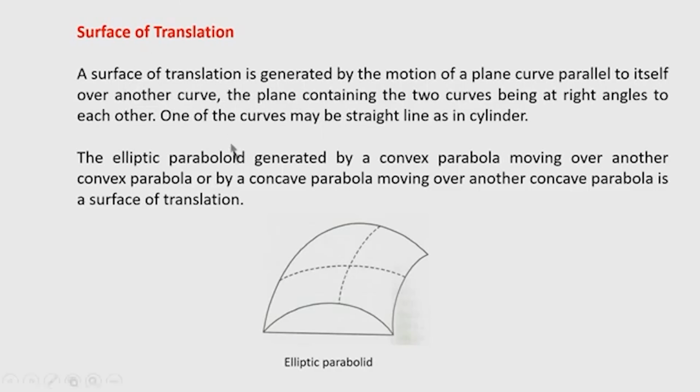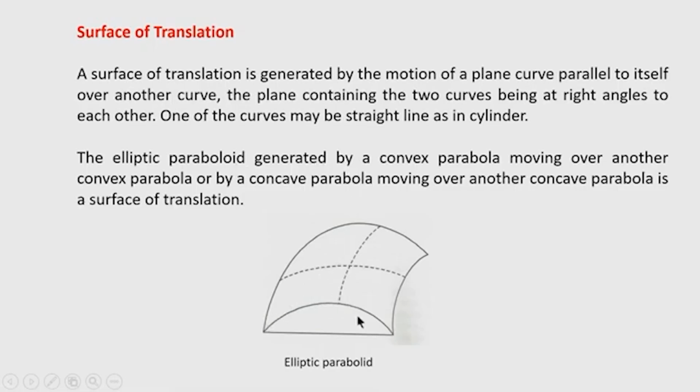But here in this example I have shown that two curves are used to form the surface of translation, that is, one curve is moved over another curve. This surface is generated by the motion of a plane curve parallel to itself over another curve, the plane containing the two curves being at right angles to each other, and such type of curve you are seeing here, that elliptic paraboloid generated by a convex parabola.